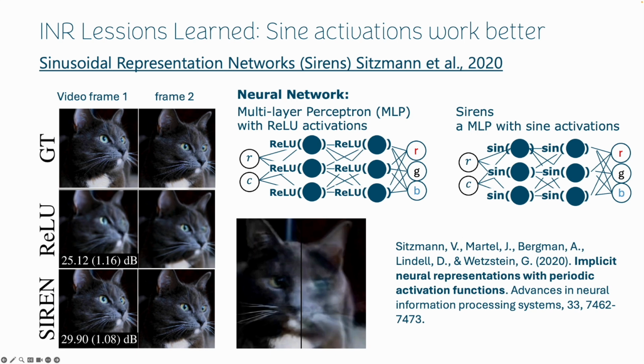The other lesson learned that I want to talk about is, let's think about the activation function in the neural network. Classically, if you think about a multi-layer perceptron, you usually think about ReLU activations because they are fairly simple, like putting everything negative to 0. And they're also very effective for classification and regression problems.